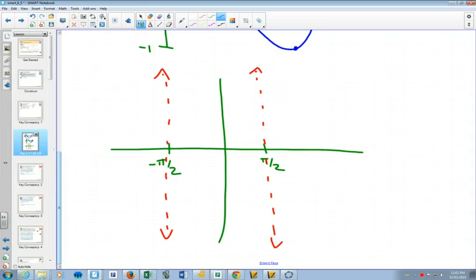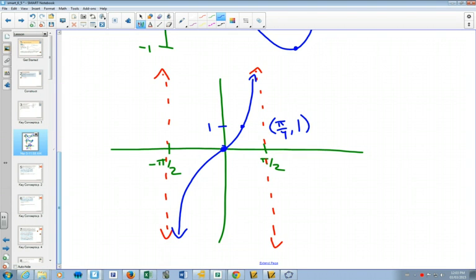Tan of 0 is 0. If you wanted to, you could put a point on here because you know tan of pi over 4 is 1. And your tan graph kind of looks like an x cubed graph.